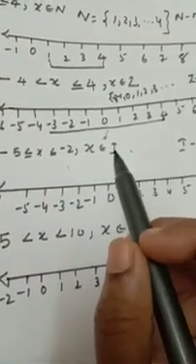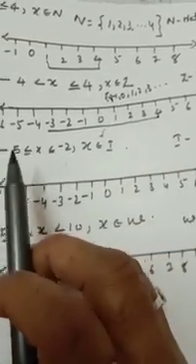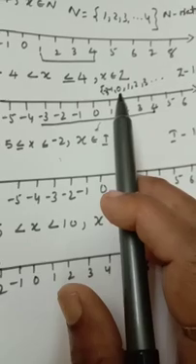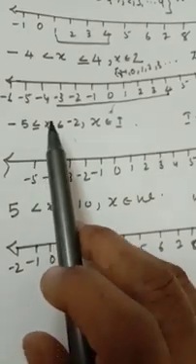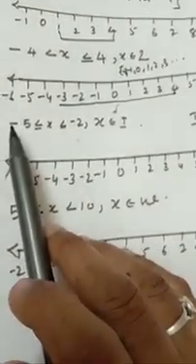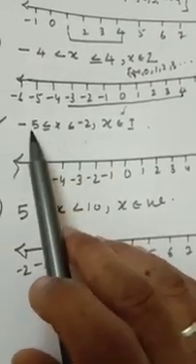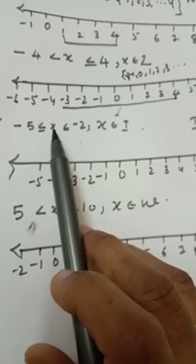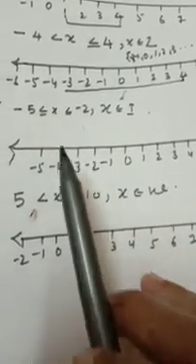I and Z both represent integers only. Integers, you know, 0, positive numbers on the right side, negative numbers on the left side. So x is an integer that lies between -5 and -2. It can be -5, it can be greater than -5. It can be -2, it can be less than -2.